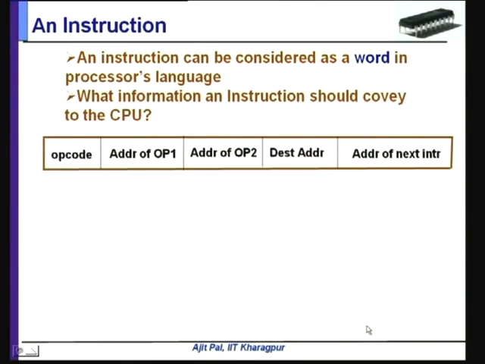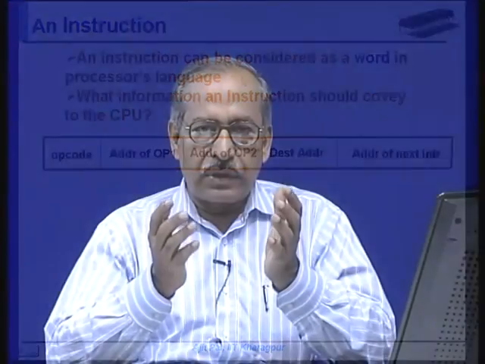So let me start with what do you mean by an instruction. What do you really mean by an instruction? Whenever you want to talk to somebody, you have to know the language of that person. So whenever you are writing a program, you are essentially communicating with a processor, and you have to talk the language the processor understands.